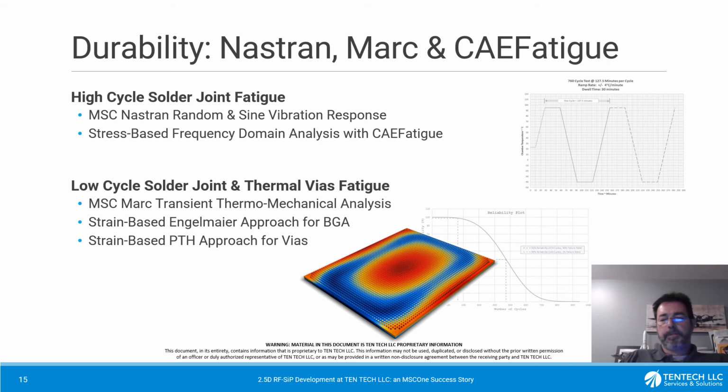So we use MSC Marc to build detailed models of the BGAs, sometimes a subset of the whole thing, but very, very detailed. It's a thermo-mechanical, transient, nonlinear model that includes plasticity naturally and thermal time effects, so the relaxation of stress over time.